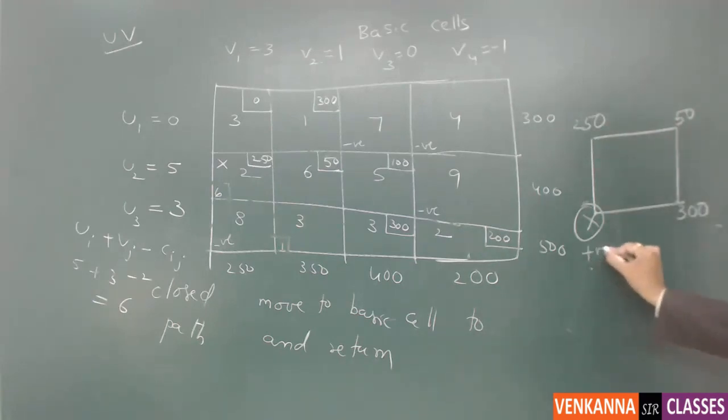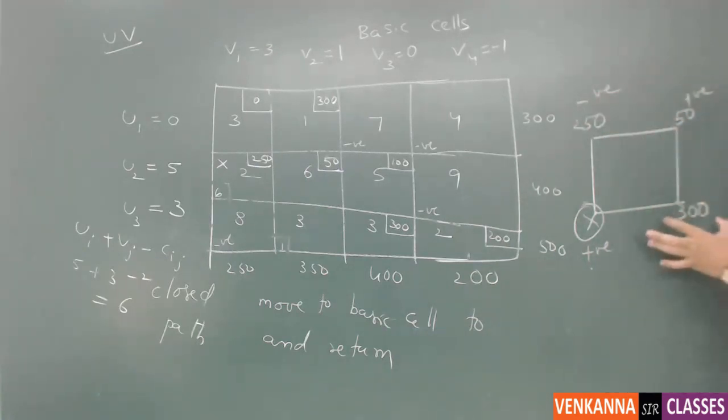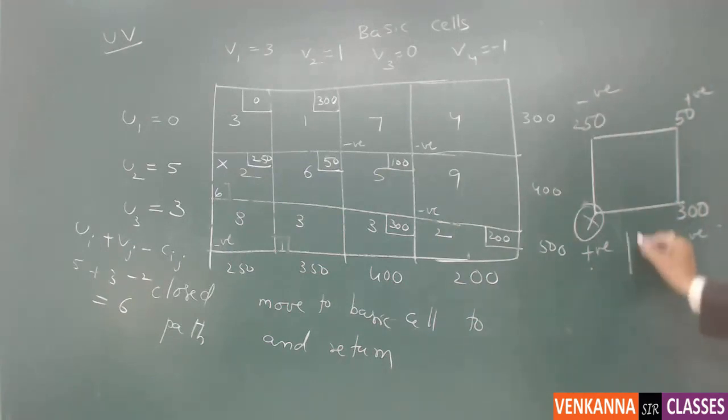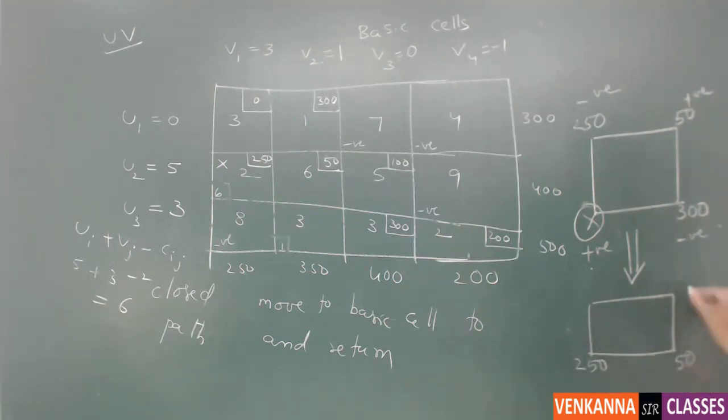So this is positive, negative, negative, positive. Sorry, positive, negative. Among the negative things, I am taking the smallest one. This will be transformed like this: 250, 50, 300, 0. This closed path is changed like this. Please understand.